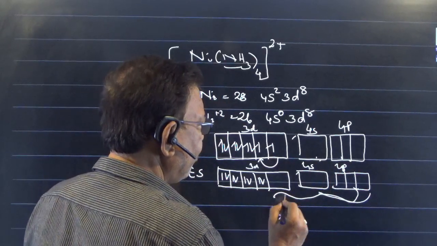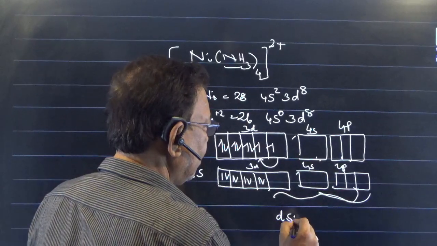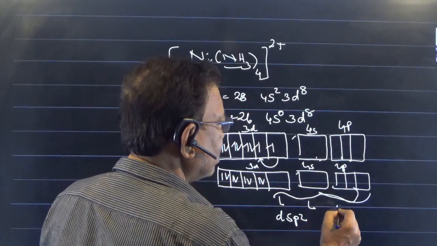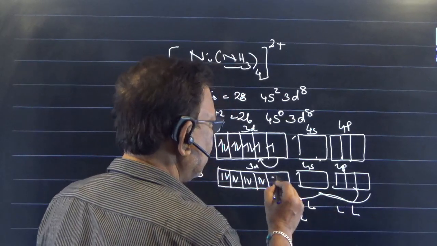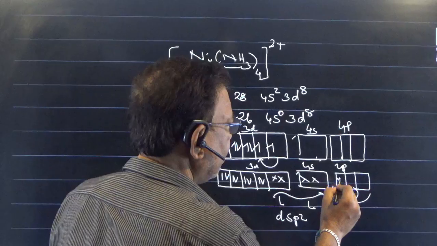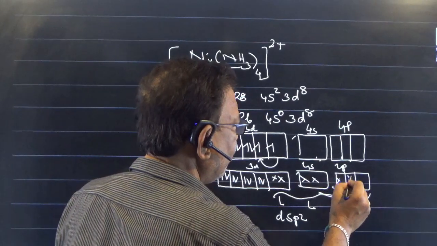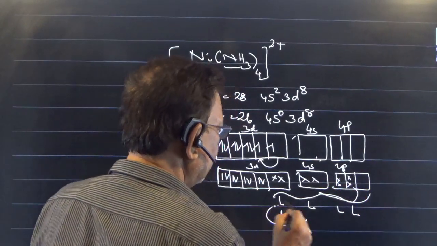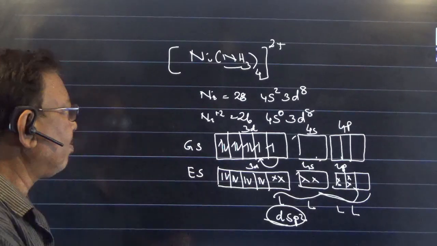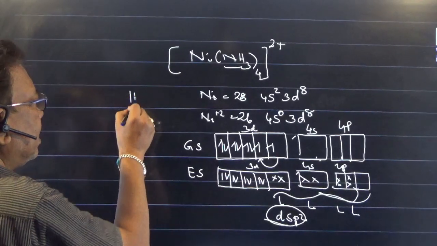So dsp2. The ligand will take the position of this dsp2. So hence hybridization is here. Is it visible?